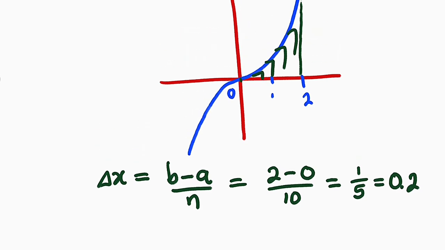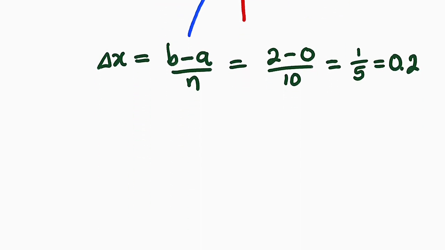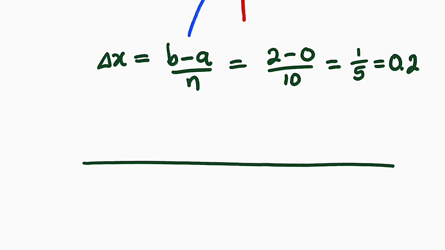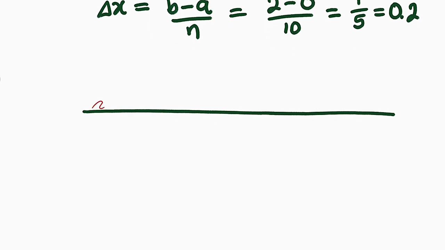So to find the corresponding heights, I'm going to use a number line. I think it will be better. And we are going to compute this area in 3 different ways: the left Riemann, the right Riemann, and we're going to take the midpoint. So let's start with the left Riemann. Remember the endpoint, we have 0 and it has to stop at 2, right?